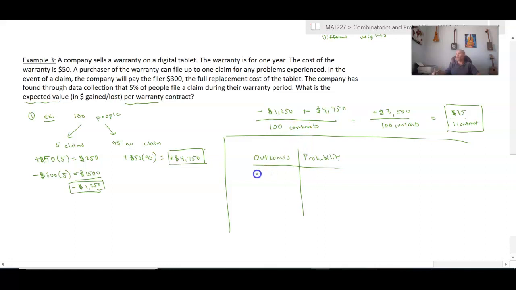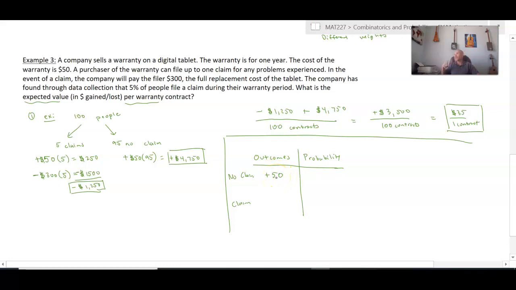So the outcomes are that we either have no claim or we have a claim. Now everybody, let's think about this at the individual level. A person that files no claim is going to pay the company $50. So the company is going to gain $50.